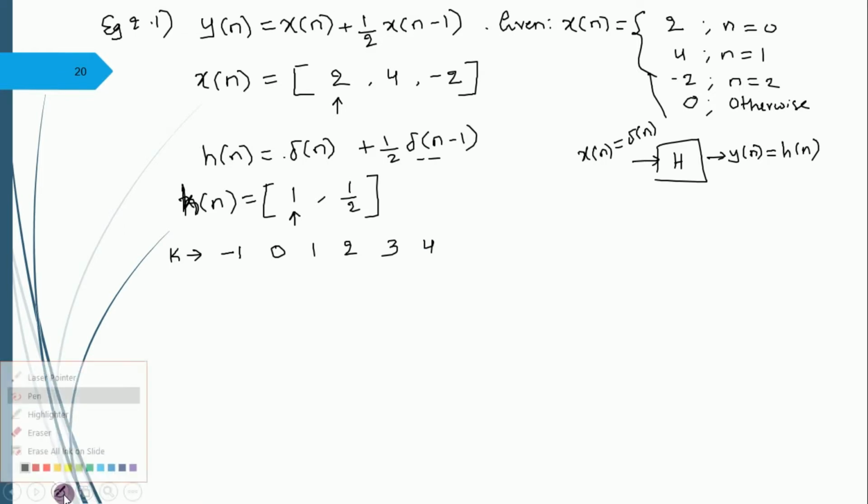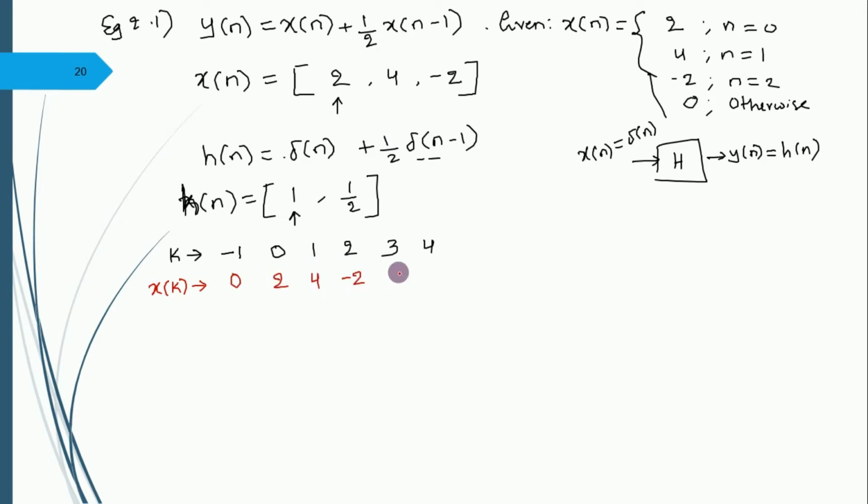So x of n, I'll write as x of k, which is 2, 4, minus 2, starting from index 0. Rest everywhere, fill it with 0. I mark the other places where you have zero values. Only here you have non-zero values.